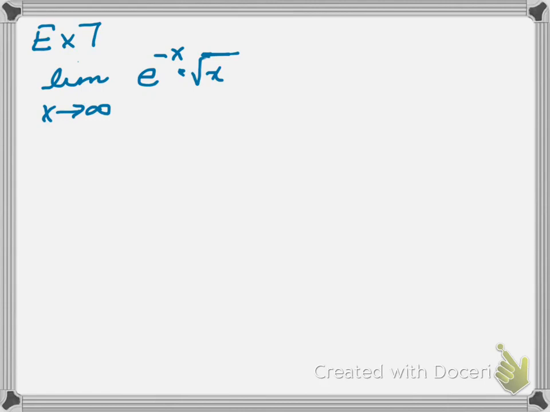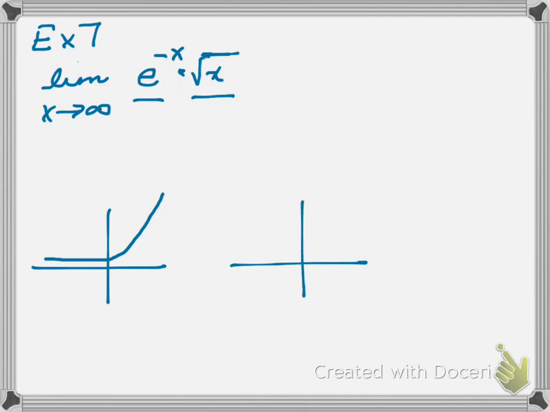If I plug an infinity into this and I plug an infinity into this, remember that this is an exponential function. The original parent function for the exponential looks like this. But I have a negative on my x, which happens to flip it over the y-axis. It's a y-axis reflection, so now it looks like that. And so what would happen on this function as x approaches infinity?